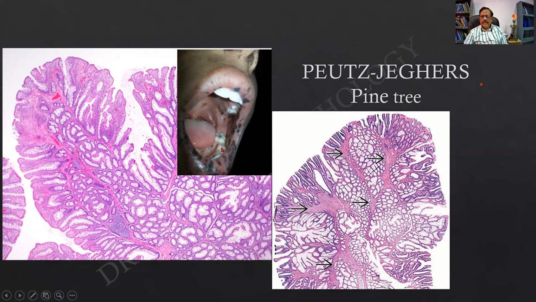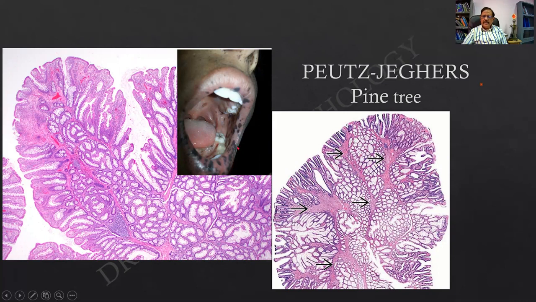This is the Peutz-Jeghers syndrome that we had mentioned earlier. And what is the meaning of a syndrome? It is a group of disorders, of which I find that the polyp is one. There is a huge polyp that is there, and there is this pink line that we are seeing is a branching muscular core. Usually it is only fibrovascular, but here I find the smooth muscle itself is branching and supporting the glands.